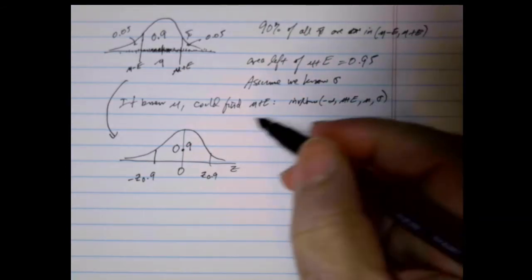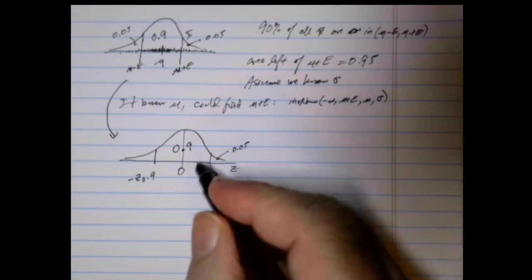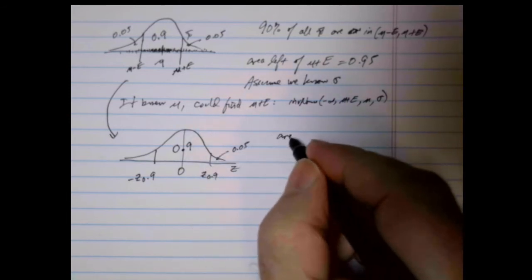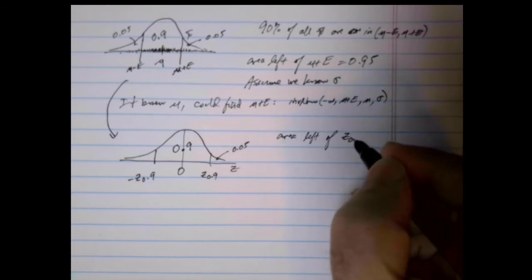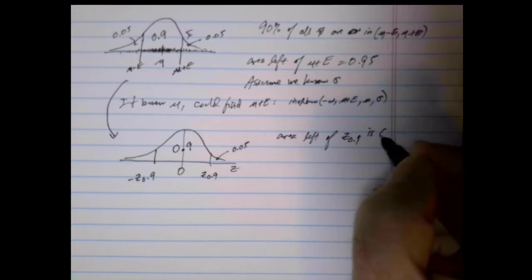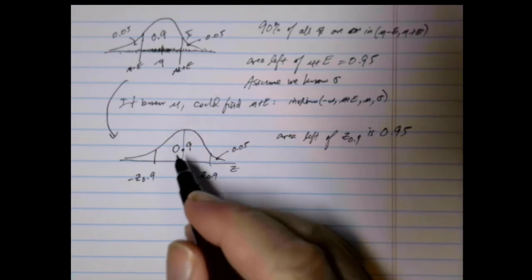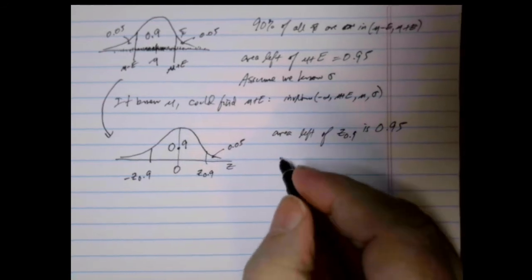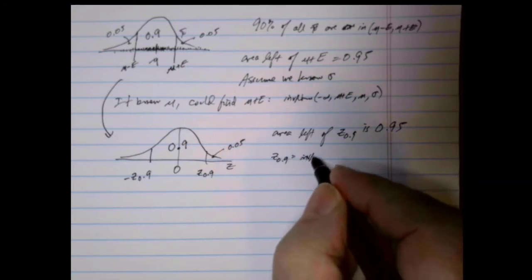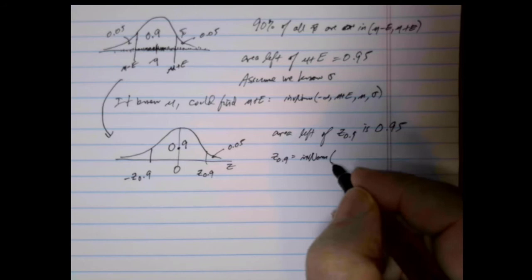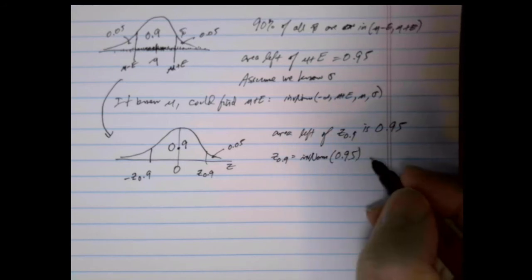And just like up here, this area has to be 0.05, and so the area to the left of z sub 0.9 is 0.95. And over here, I do know the mean and standard deviation, so z sub 0.9 is invNorm of 0.95, comma 0, comma 1, if you like.